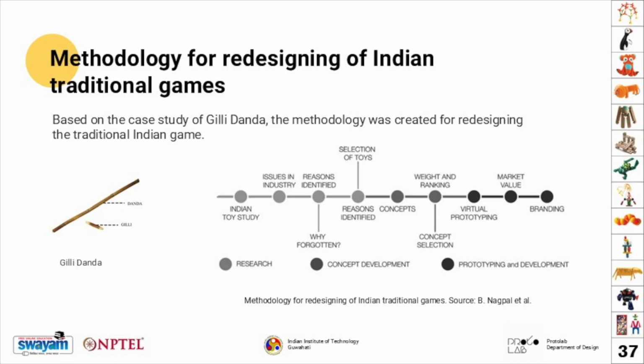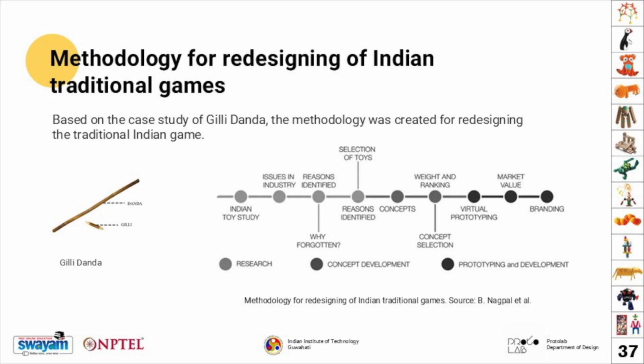Today, with shrinking urban spaces, limited access to raw wood, and fast paced lifestyles dominated by video games, both making and spontaneously playing the game have become increasingly difficult. Further, concepts were sketched to redesign, and using the weighted ranking method, the final concept was selected.